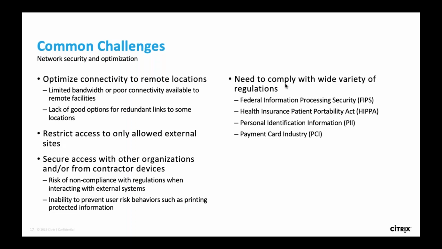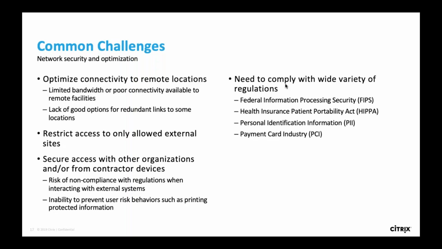What if they're trying to access the system from a home PC that's Windows XP? Maybe that's not very secure, and you don't want them to have all of the same access they would have if they were sitting at the facility on a government-owned asset that's patched and fully compliant with what you would normally want.